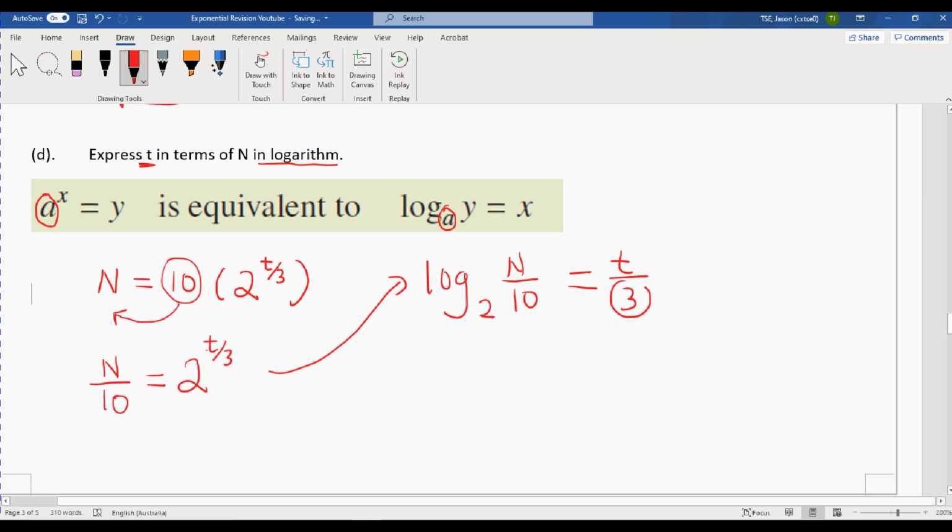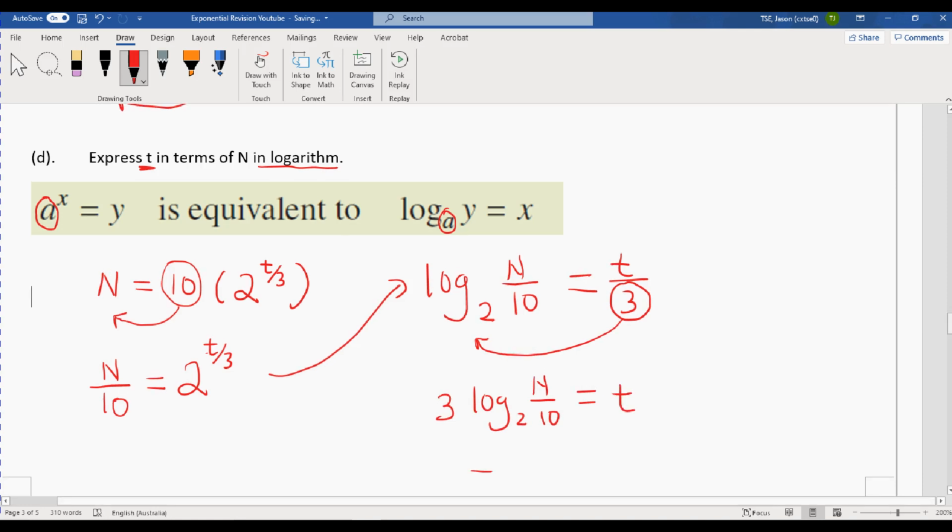I still need to move that 3 to the other side. I'm going to multiply that 3 to the logarithm. If you like, you can rewrite the whole expression as t equals 3 times the logarithm. That should be the answer now.